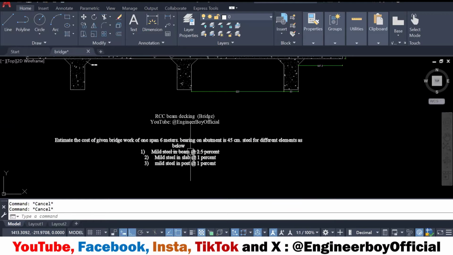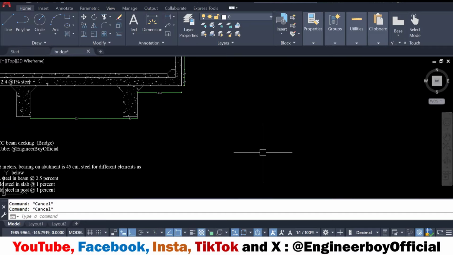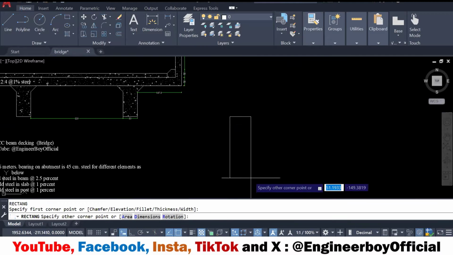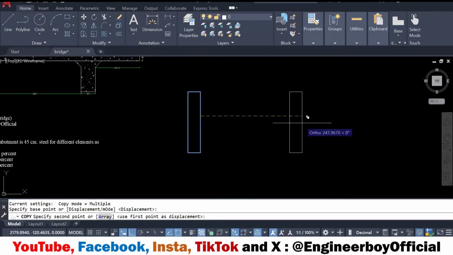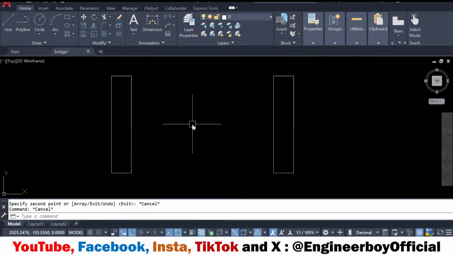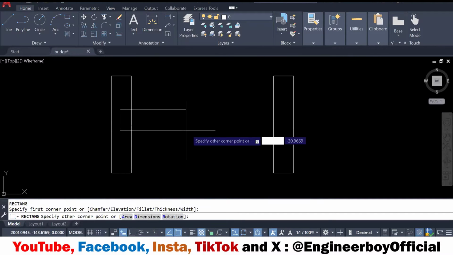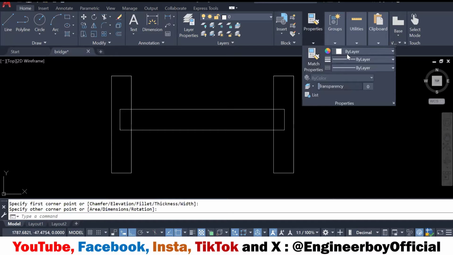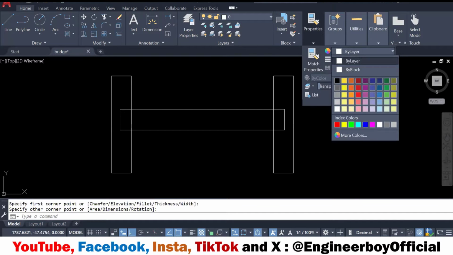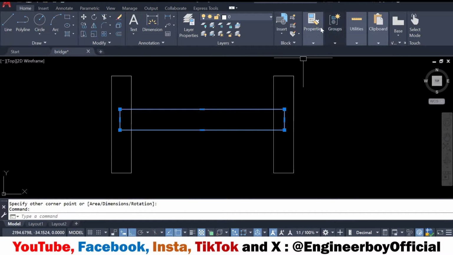What do we mean by bearings? Let's say this is one abutment, and here we have another abutment. You must be familiar with this. If I have a girder, it can be in this form, a girder or maybe a beam. This green rectangle represents the girder.